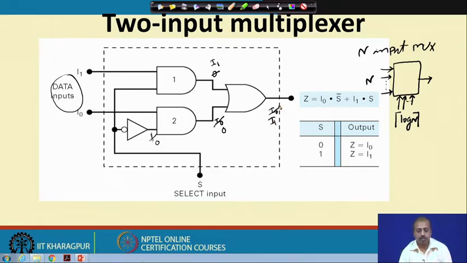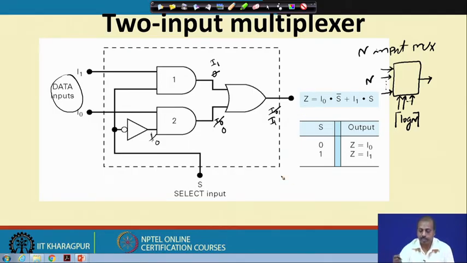So when s equal to 0, input I0 is transferred to output Z, and when s equal to 1, input I1 is transferred to output Z. The functionality I am realizing is Z equal to I0 s bar plus I1 s. This is the basic multiplexer functionality.